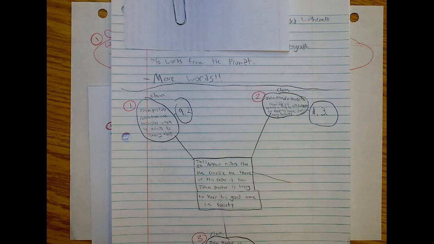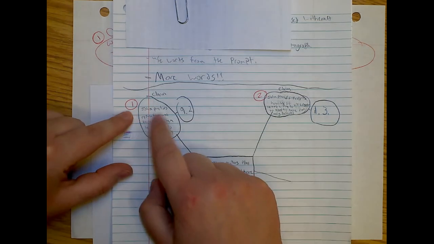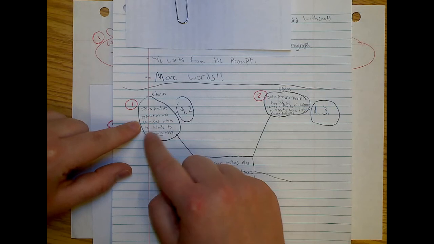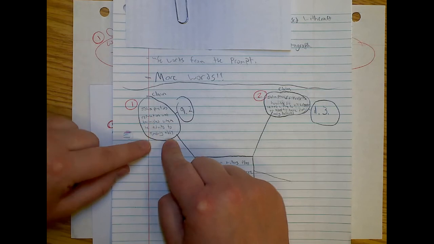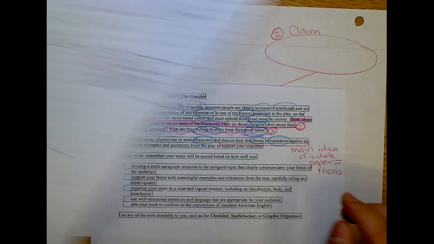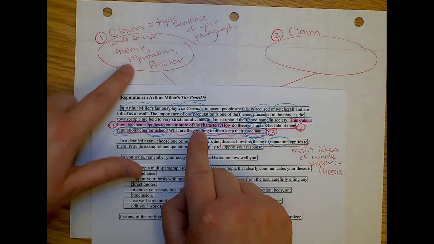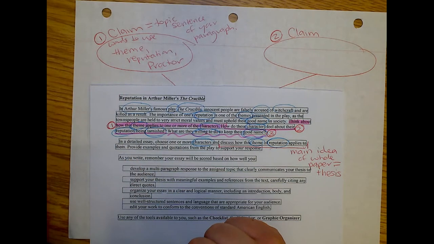All right, this particular student, he's also writing about John Proctor, and his claim was John Proctor's reputation was tarnished when he admits to knowing Abby. That tells how the theme applies to Proctor. It uses reputation. I would probably tell him to also use the word theme in there. But that's a pretty good claim.